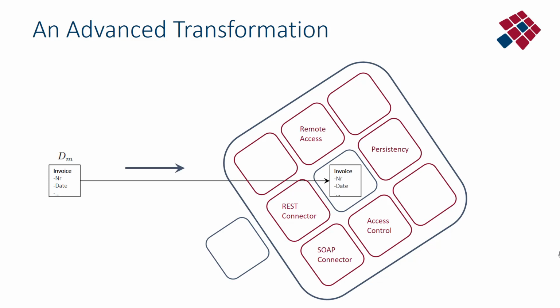And this set of classes we call an element. For a data entity, we talk of a data element, in this case, for instance, an invoice element. So instead of just transforming the entity in a single class, we transform it in a set of classes.